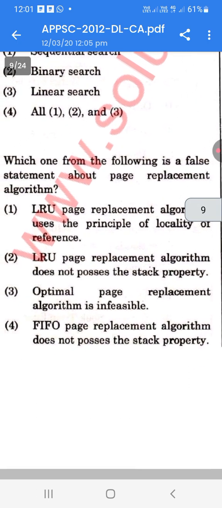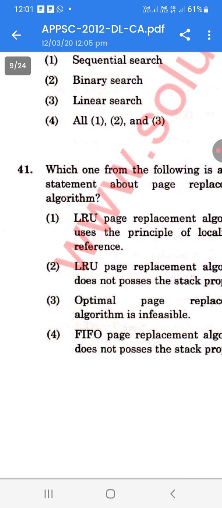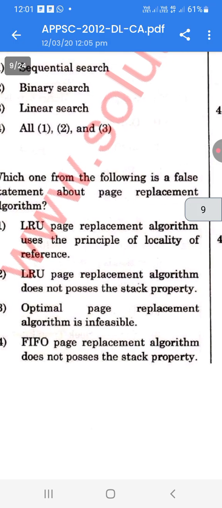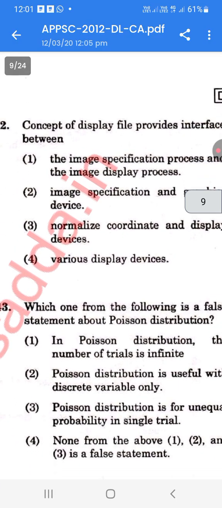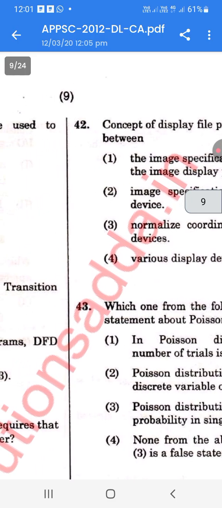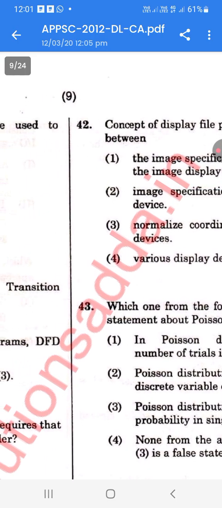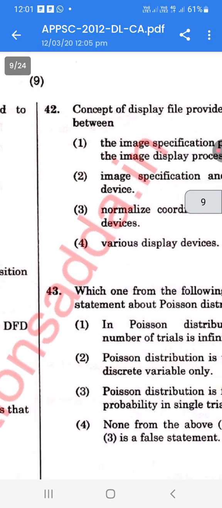Which one from the following is a false statement about page replacement algorithm? 41. 2. LRU page replacement algorithm does not possess the stack property. 42. Concept of display file provides interface between 42.1. The image specification process and the image display process.